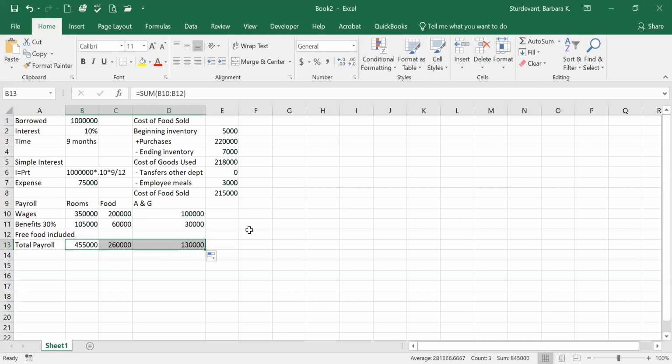Questions? Okay, let's go to the next one. Number 4 says they pay 25% on income tax. Well, we can't do that one yet. We can't do that one until we're almost all done with the income statement. Number 5 talks about the management fee.